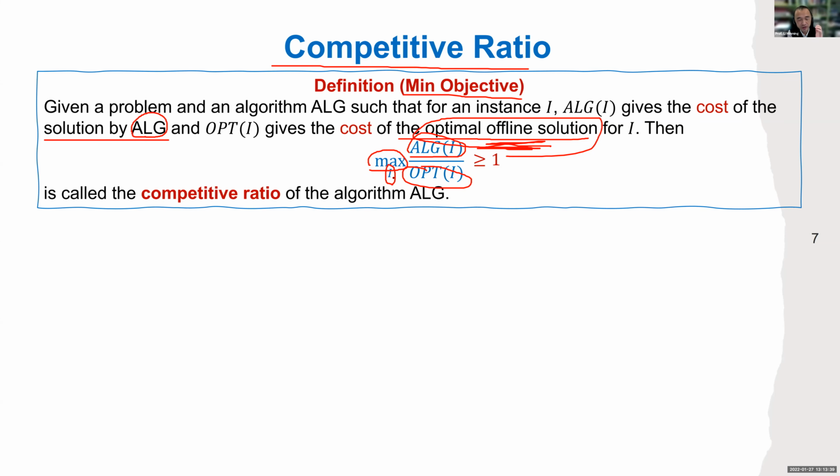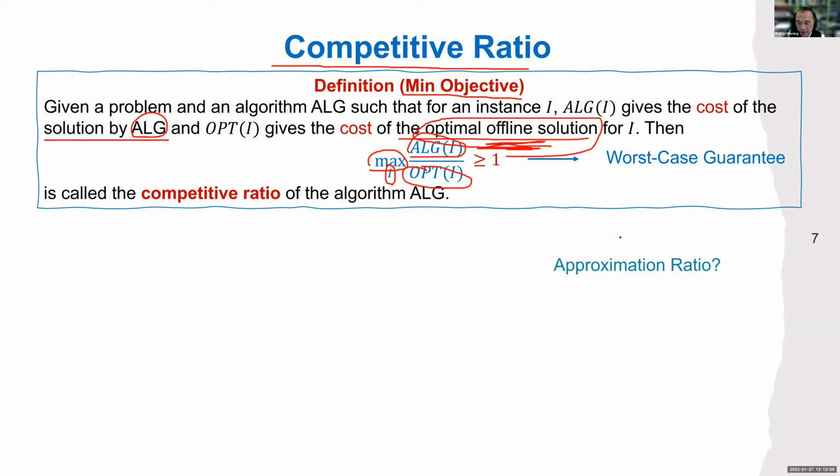So the worst of such ratio over all the instances is called the competitive ratio. As I said, it's a worst case guarantee: in the worst possible input, the algorithm is not doing very badly.